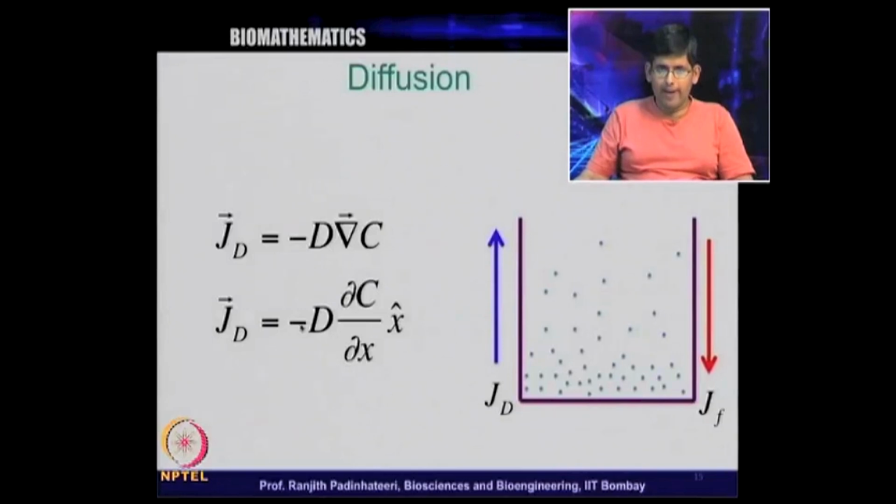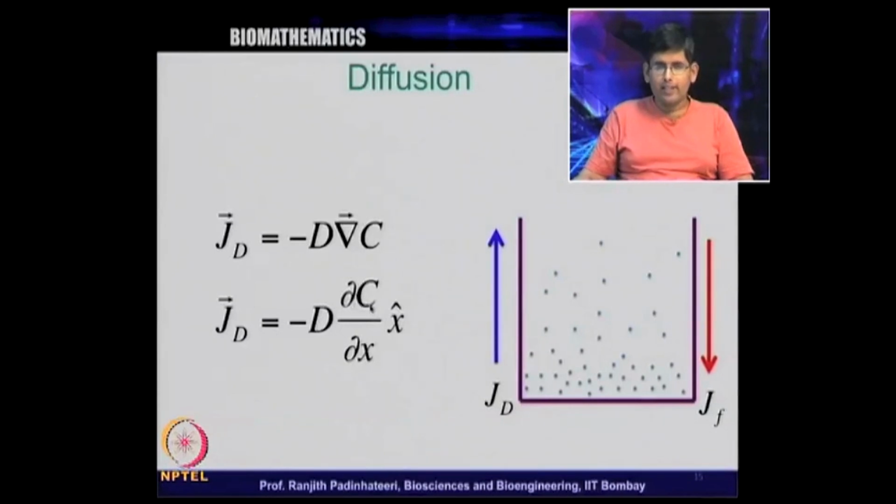So with this minus sign, the flow is actually along the x cap direction, which is in this direction shown by this blue arrow. So we have a diffusion which is basically taking this in this particular way. We have a flow given by Jd equal to minus D del C by del x. Now what is C?